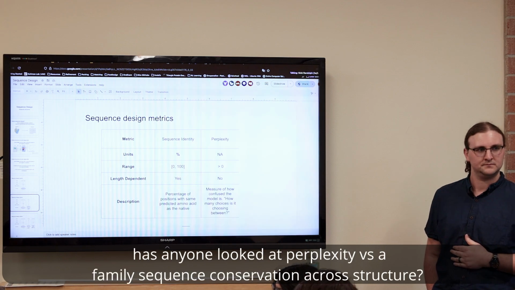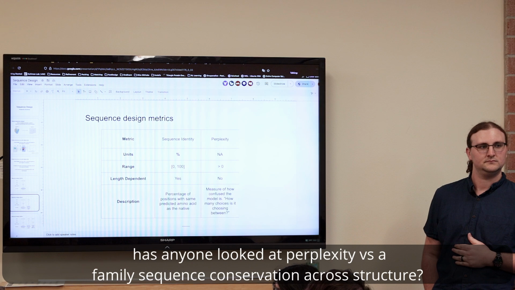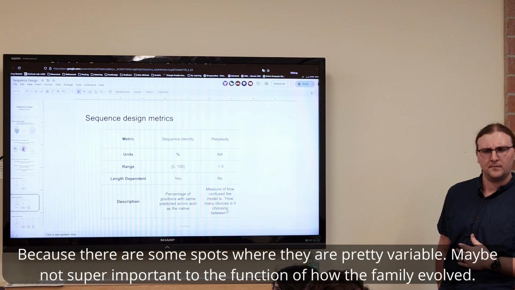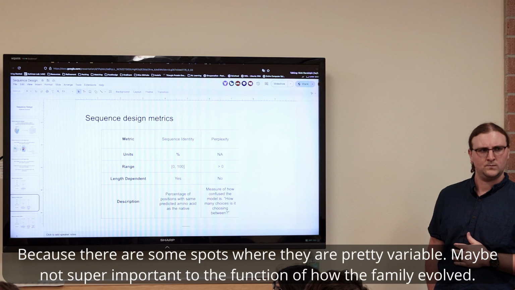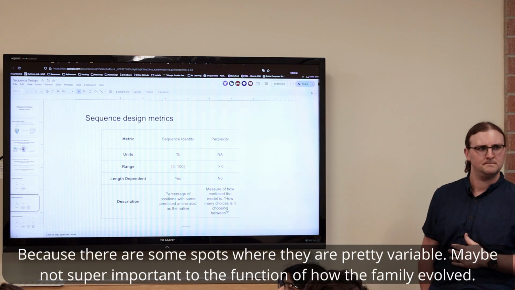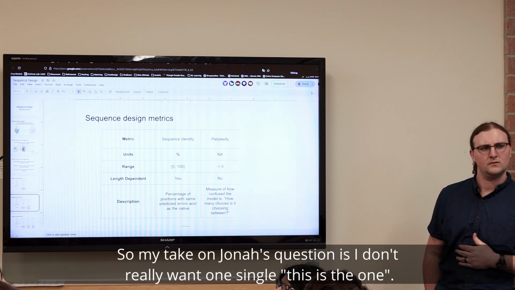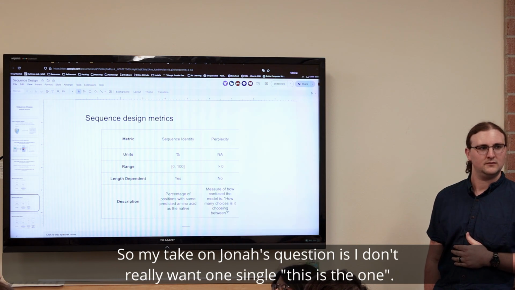So I was going to ask, has anyone looked at perplexity versus family sequence conservation across structure? Because there are some spots where they're pretty variable, and maybe not super important to the function of how this family evolves. So my take on Jonah's question is that I don't really want one single sequence, this is the one.